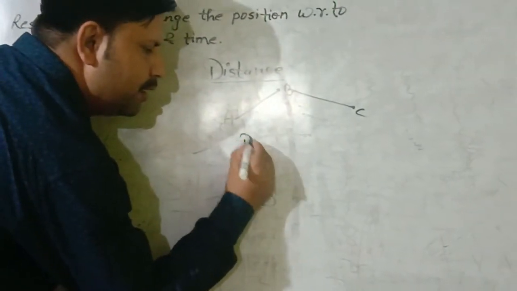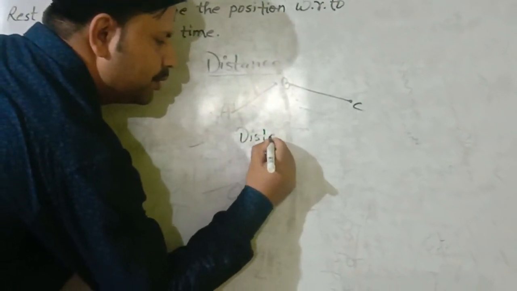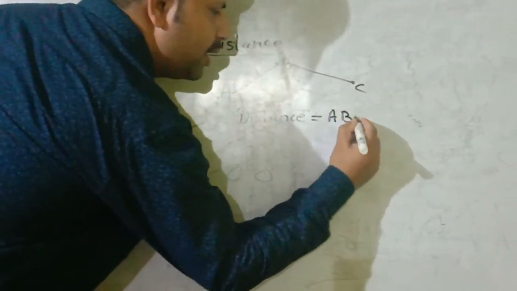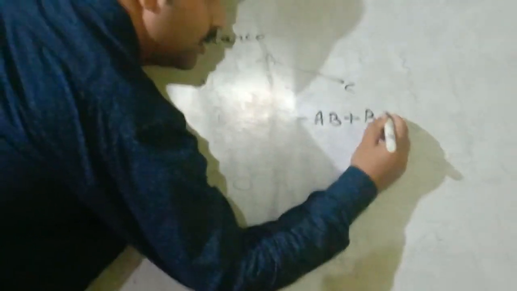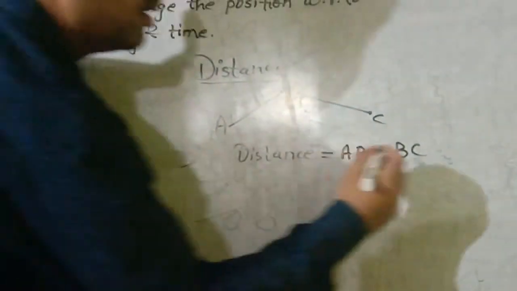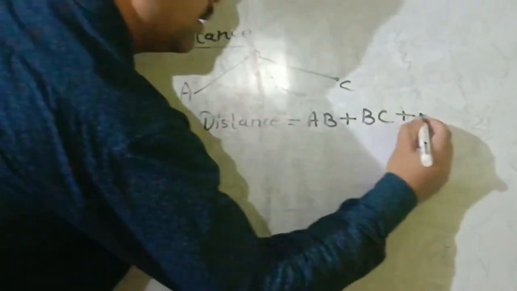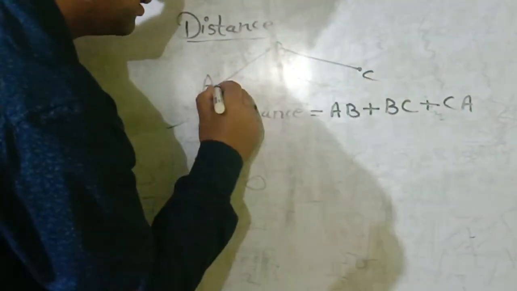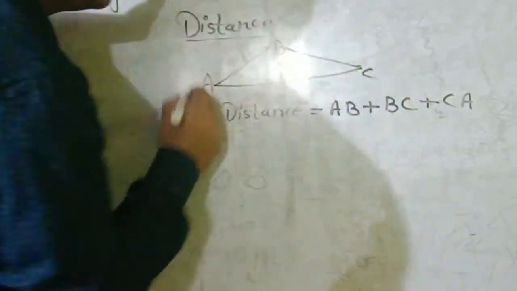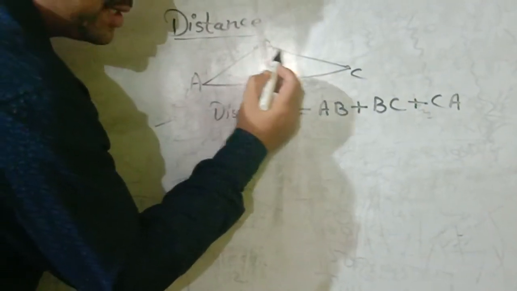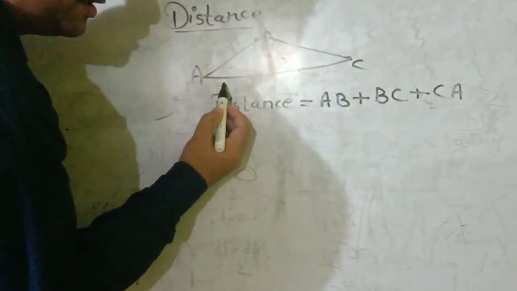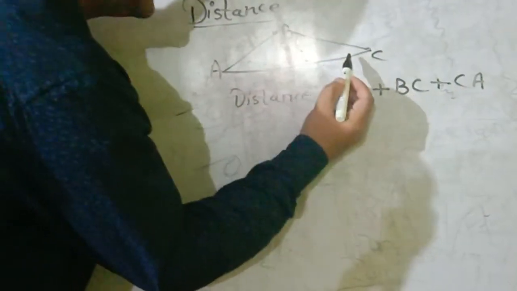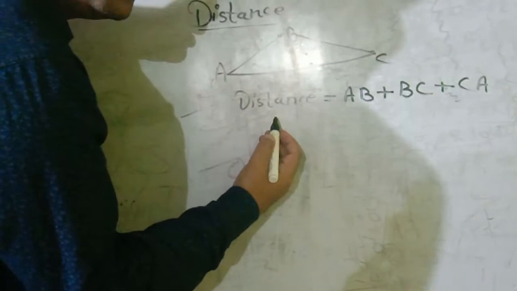So here distance is equal to AB plus BC plus CA. The sum of AB plus BC plus CA is called distance.